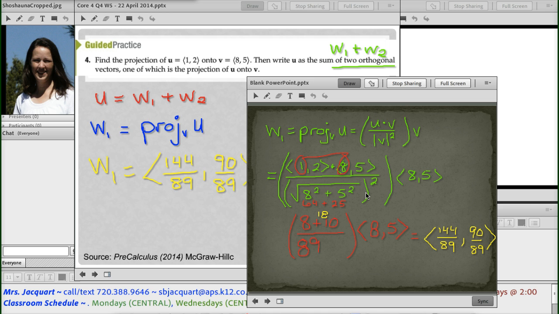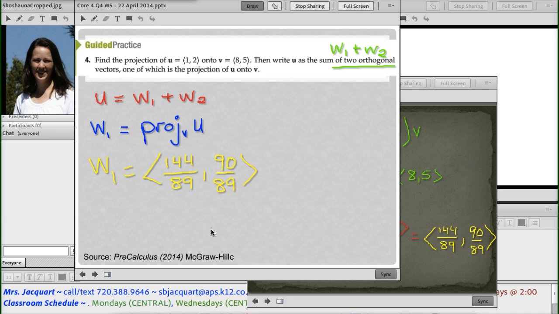Then my last step that I want to do, so this is my projection.